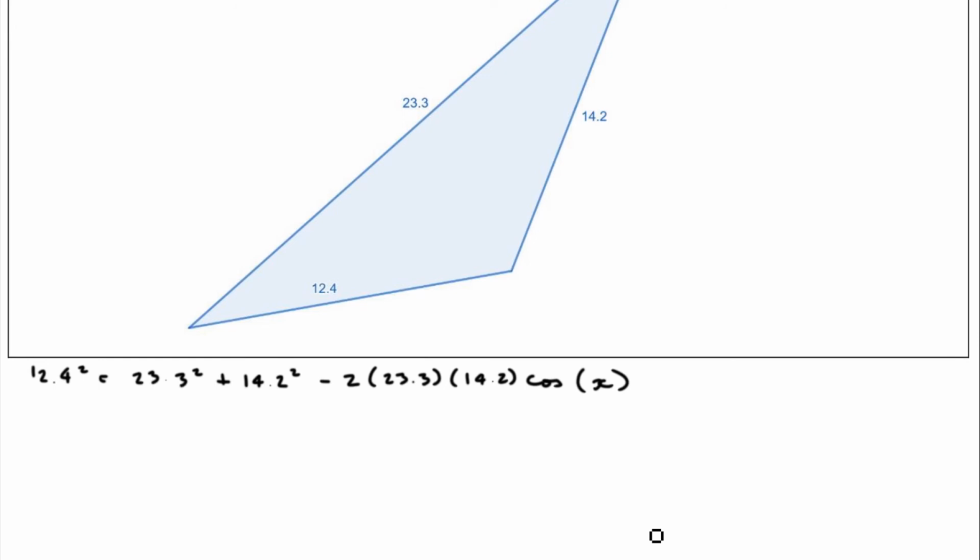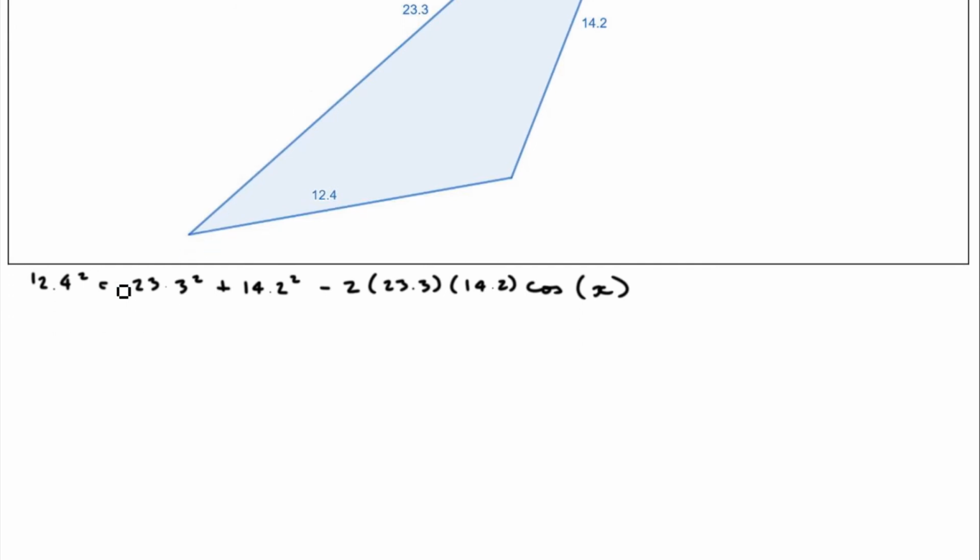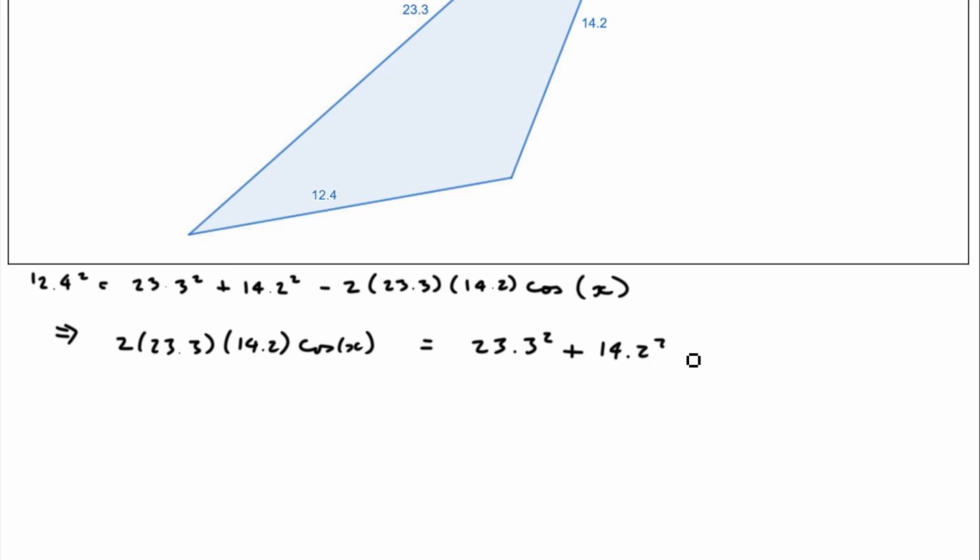We can then rearrange this equation. Let's do it slowly. First of all, let's move the 2 times 23.3 times 14.2 times the cosine of x to the other side of the equation. That leaves us with the 23.3 squared plus 14.2 squared. We have to subtract the 12.4 squared from both sides.